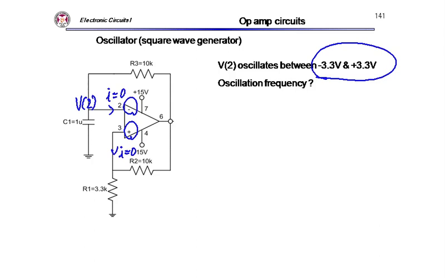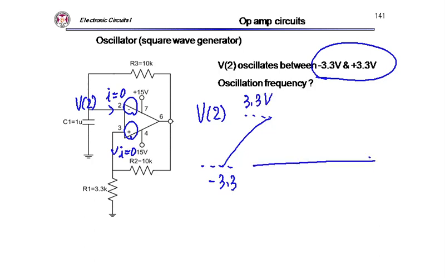See, this V2 voltage is changing. It's changing between minus 3.3 and plus 3.3. This is the time axis. When it increases, say, this is 10 volt, huh? 10, 3.3.